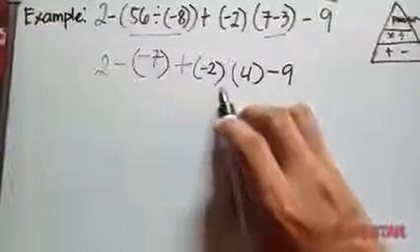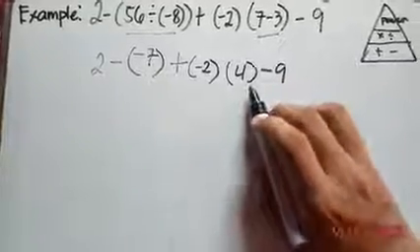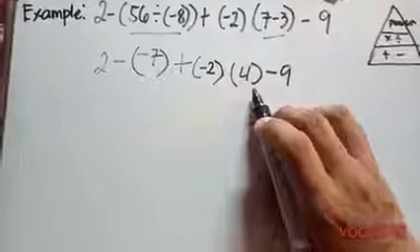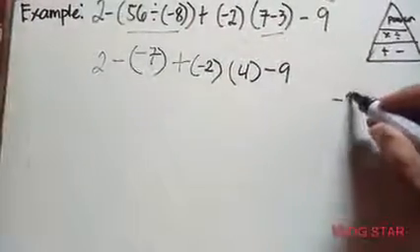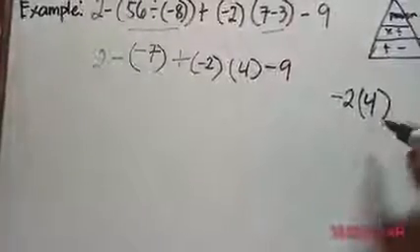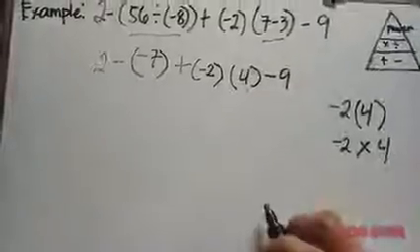So next, look at the operation. Subtraction, addition, then look at these two. So this means multiplication, because you can write it also as negative 2 times 4.